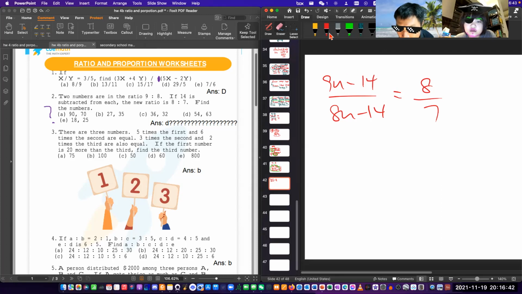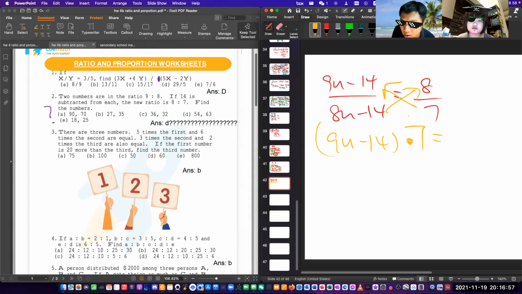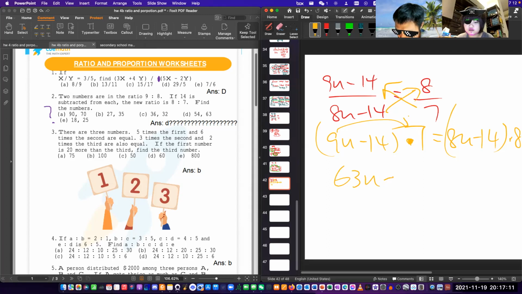So what you could have done is you can do the cross multiplication. So 9u minus 14 times 7. I'm going to use a dot. I'm not going to use x because a lot of students confuse x with times. So I just use a dot in the middle. And then 8u minus 14, and then you have the times 8. So just open the bracket, you get 63u minus 98, 64u minus 112.